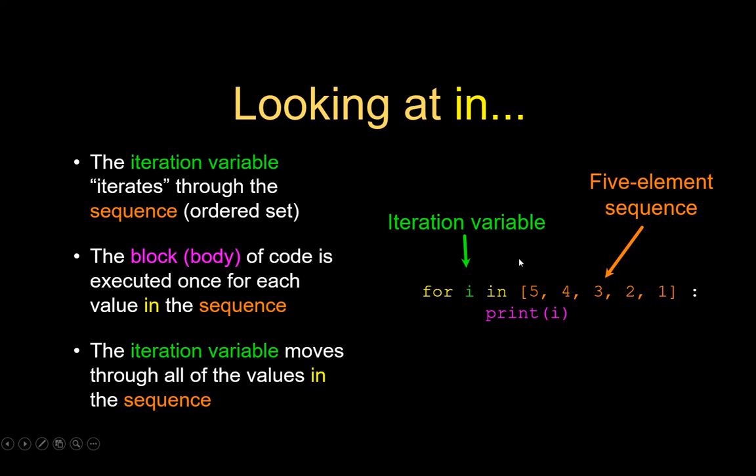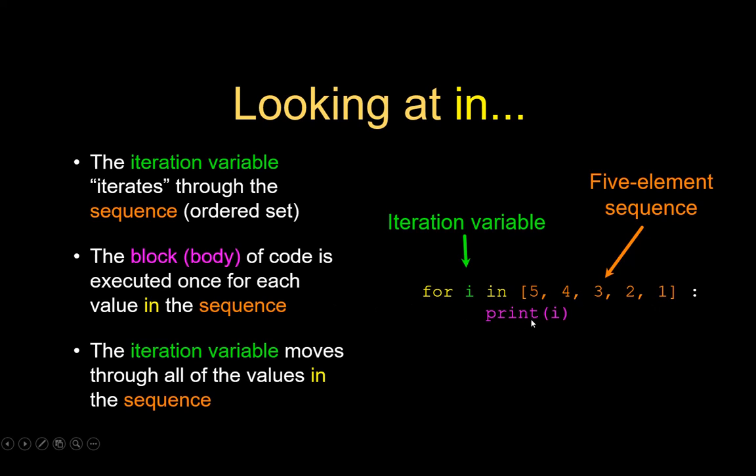So here we just have some formal definitions. In the previous example, we have I for I in this sequence. The I is going to be the iteration variable, which means the first time it's going to be 5, then 4, 3, 2, 1. This sequence is going to be, in this example, a 5-element sequence. So the I will go through each of the elements of it.